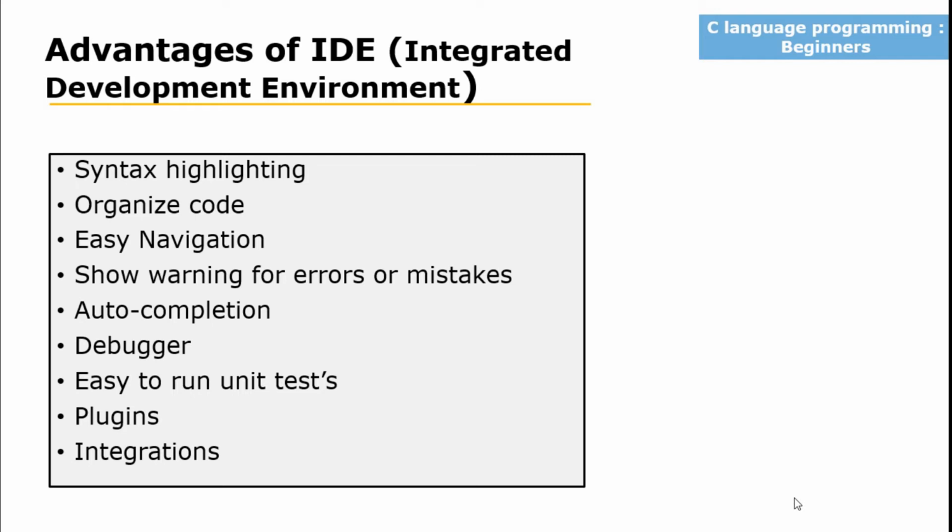For example, for Java programming we have IDEs like IntelliJ, NetBeans, Eclipse. .NET programmers use Visual Studio for .NET and other Microsoft languages.